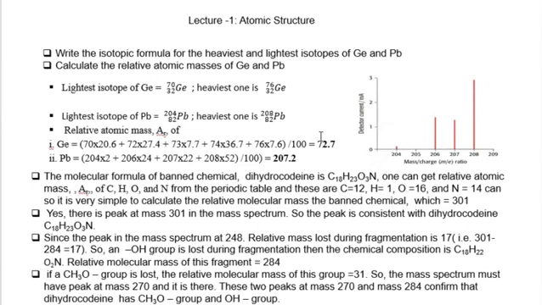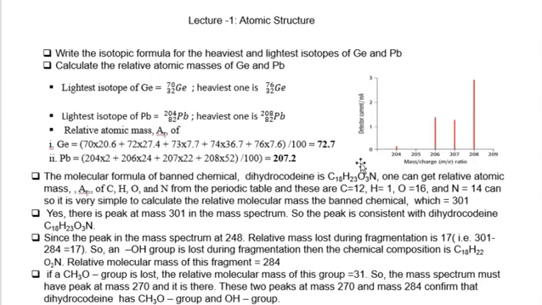It is clear that the lowest peak in lead is at mass number 204, and note that the atomic number of lead is 82, and therefore we show it like this. This is the lightest one, and this is the heaviest one, because the peak at 208 is the highest mass number.